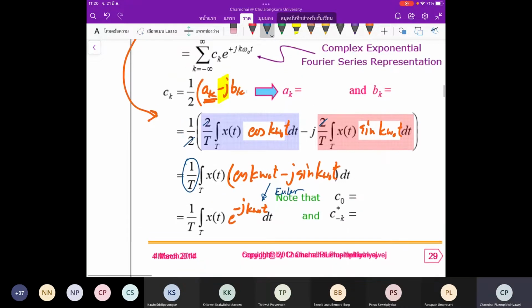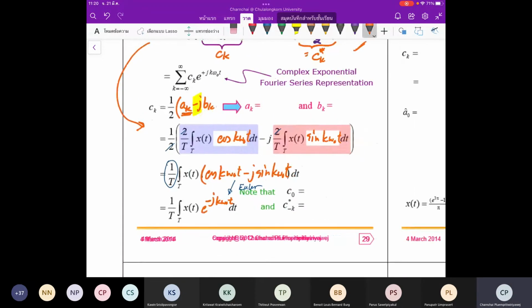So basically, our ck, which is defined as this one, becomes just this one. I put the stars here because this is the one we want to use.